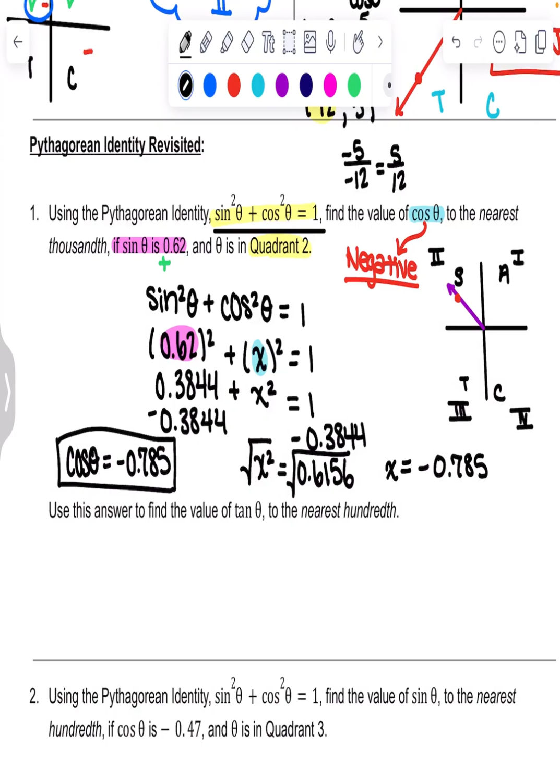Now, I'm looking to find the tan of theta. So if you recall, where do you get tan? South Carolina, right? So the tan of theta is going to be sine theta over cosine of theta.